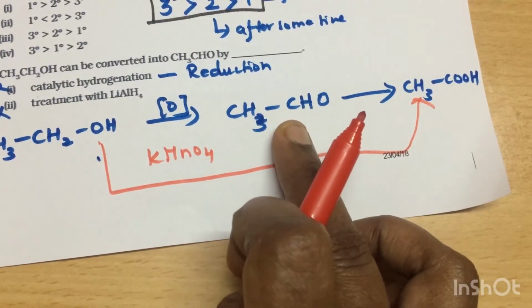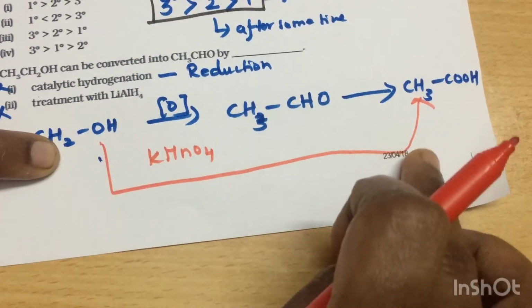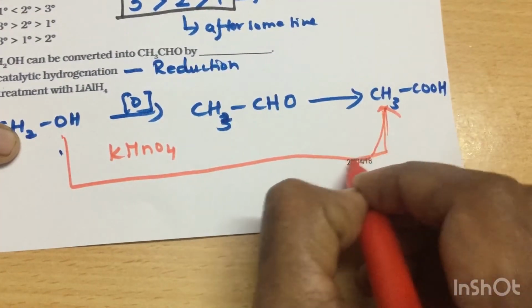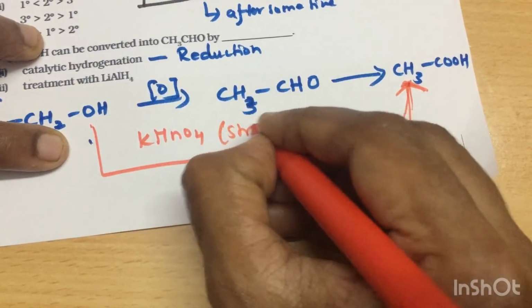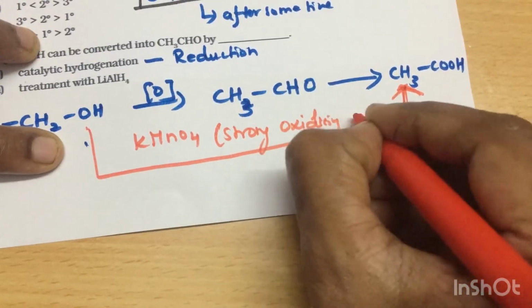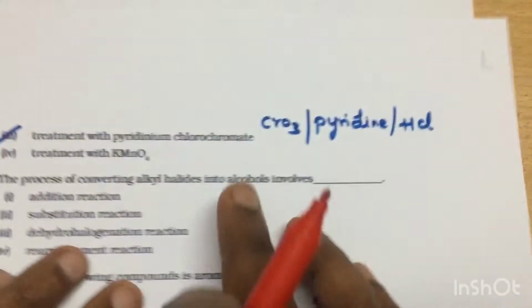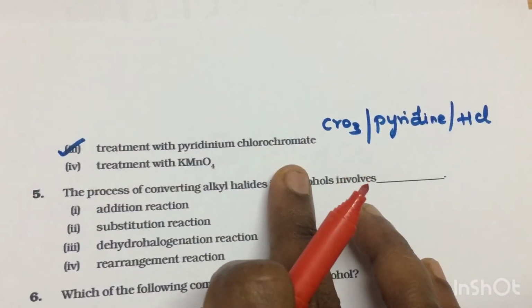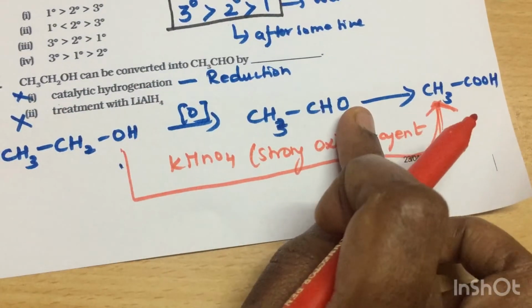It will not stop at aldehyde, whereas when you start with alcohol, straightly, it will go to the acid. It will end with the acid. It's a strong oxidizing agent, okay, whereas your pyridinium chlorochromate is a mild oxidizing agent. So you can stop at this point.